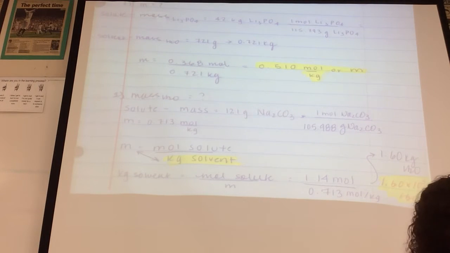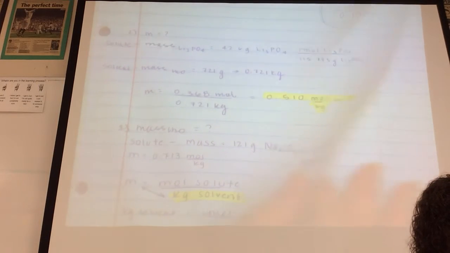Alright, we have molarity, we have molality, and we'll make a running list of formulas for this chapter because there's a lot of them. Another way to express concentration is mole fraction. This one's pretty easy.